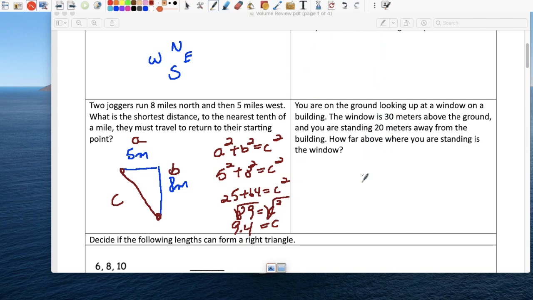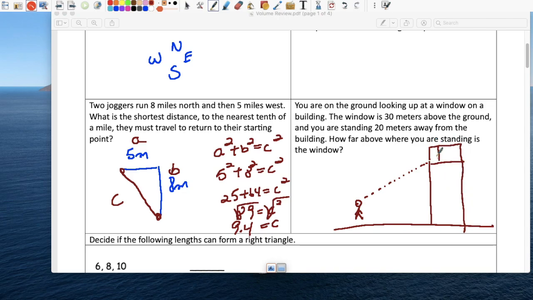This one, you're on the ground, so this is the ground, and there's you. And you're looking up at a window in the building, so this is what you're looking at. And there's a building, and here's a window. The window's 30 meters above the ground. Okay, so actually maybe I should put you back here.